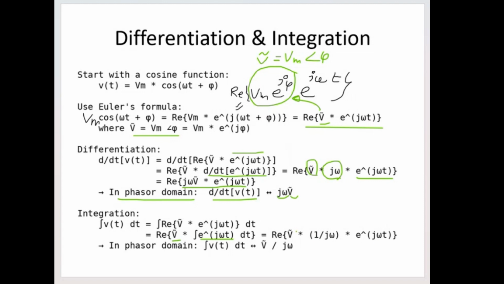Once again, if we want to convert this into the phasor domain, this integration is just the phasor divided by j omega. So we actually proved that any differentiation would reduce to j omega times v, and integration would reduce to just the phasor divided by j omega.